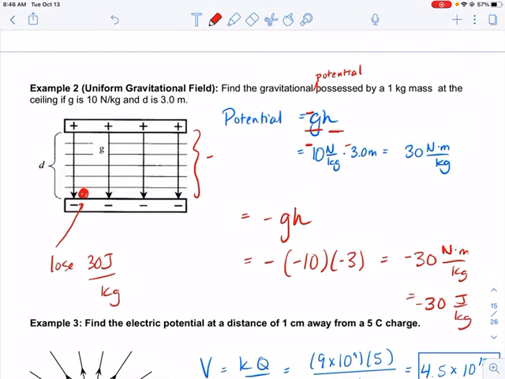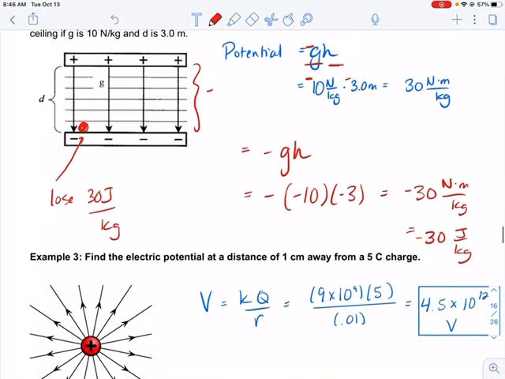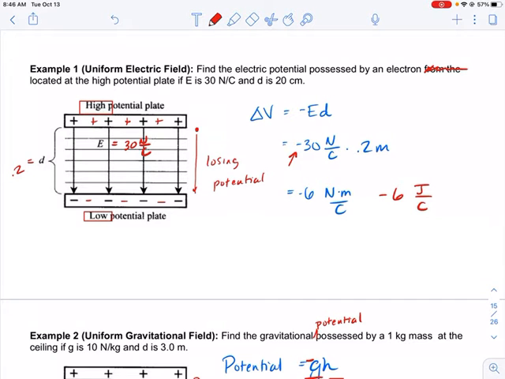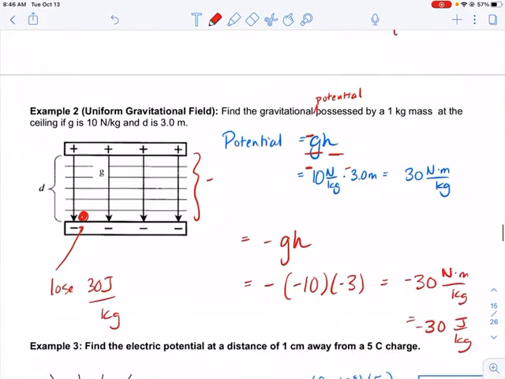What's neat about this is I don't need to know the exact amount of mass. I have a ratio, an amount of energy per unit mass that's lost. The reason this is going to be useful is that later we're going to have different amounts of charge traveling, and we want to know how much energy is carried per unit charge.